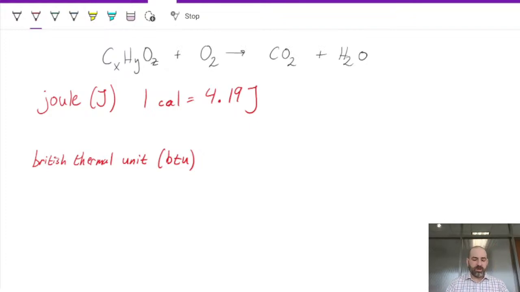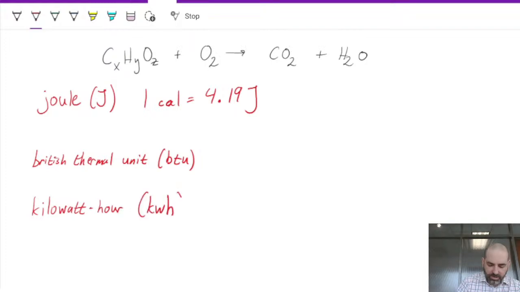And there are some other ones as well, that we won't probably use as much in this class. The kilowatt hour, kWh. This is used, like on your electric bill or your energy bill in your house, would be measured in kilowatt hours. So a watt is not a measure of energy, it's a measure of power, which is energy over time.